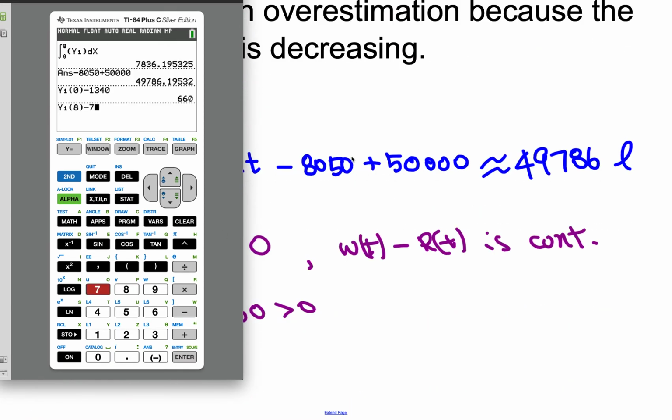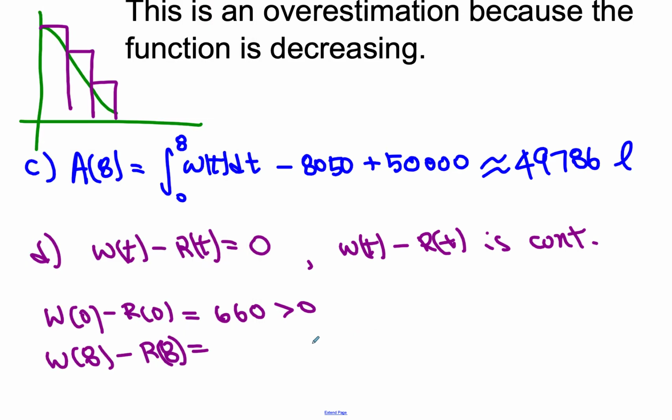So we get negative 618.4 something, which is negative. So one thing we get to realize is that at one endpoint within the boundary it was positive, and at the other endpoint it was negative.